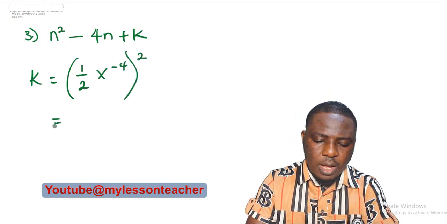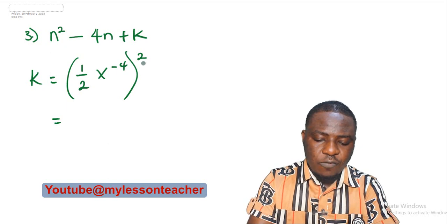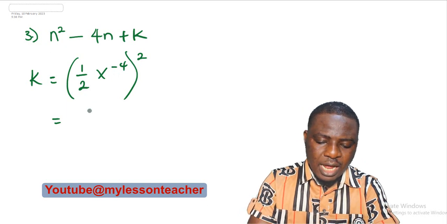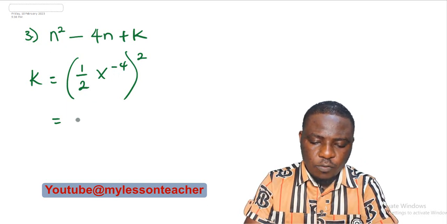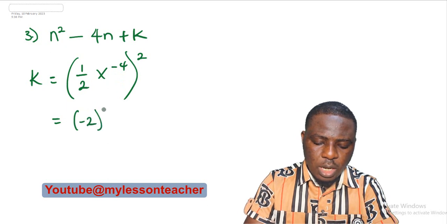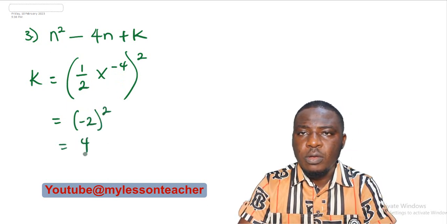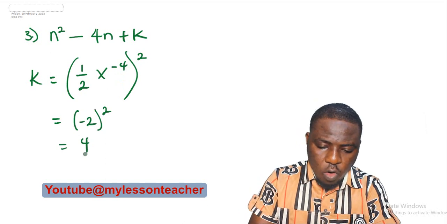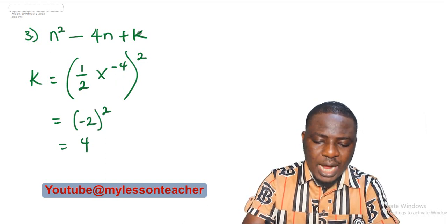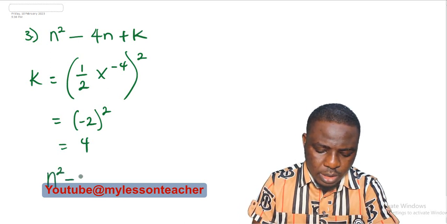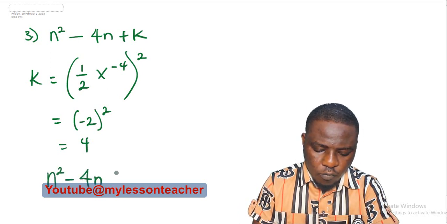So you find the square of half of the middle term, which is the second term, and half of minus 4 is said to be minus 2, and minus 2 squared is said to be equal to 4. So 4 is said to be that term which when added to this expression makes it a perfect square. So this becomes n squared minus 4n plus 4.